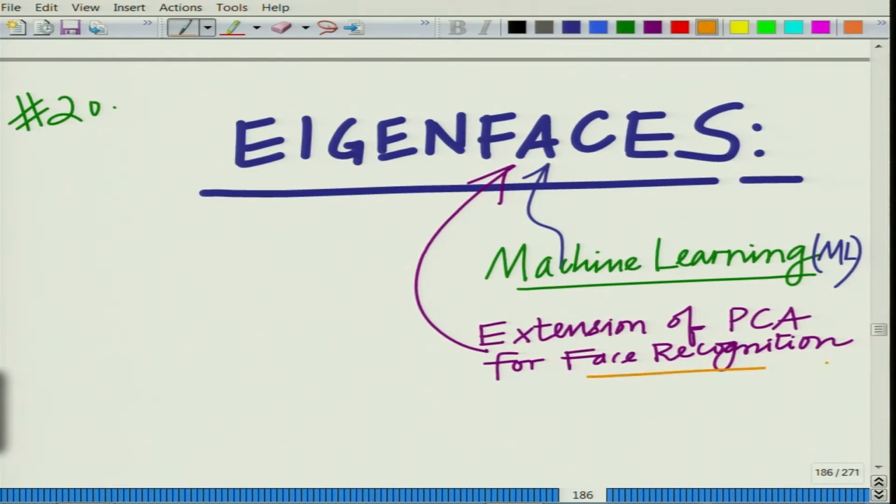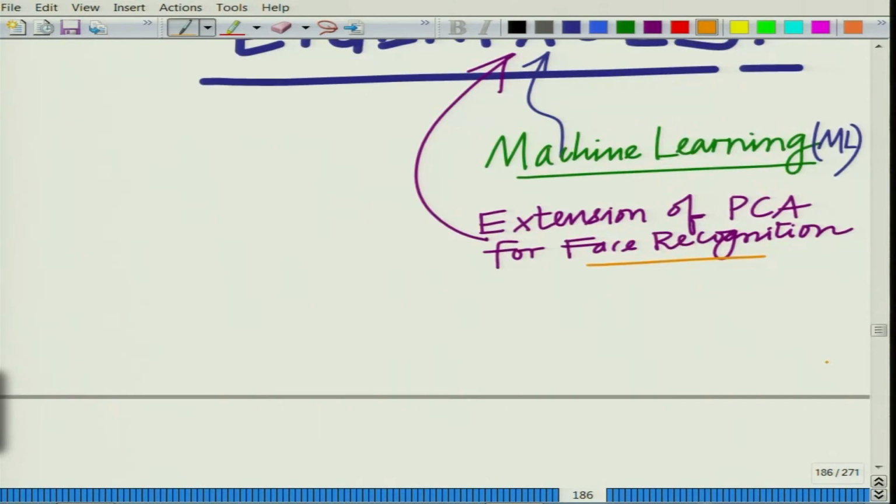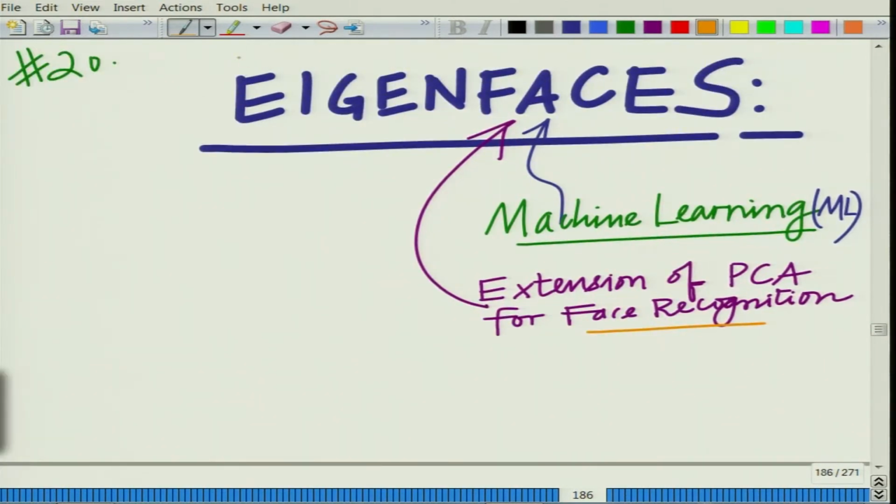So, this is an application specifically in the context of face recognition. This is termed as Eigenfaces.